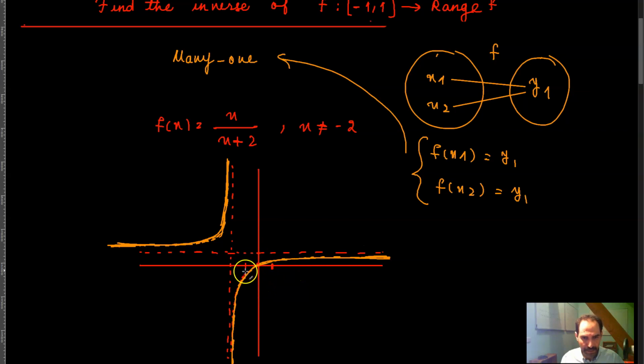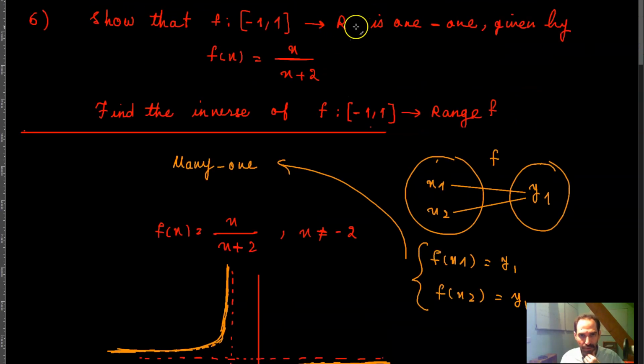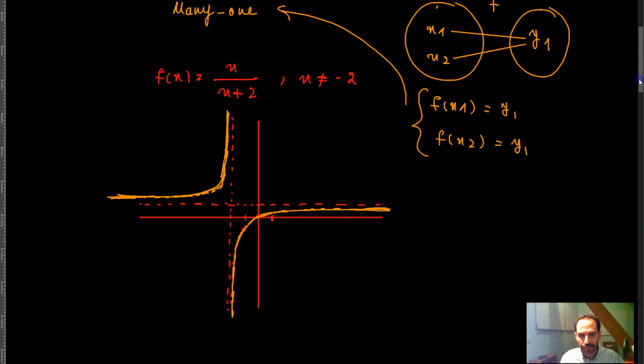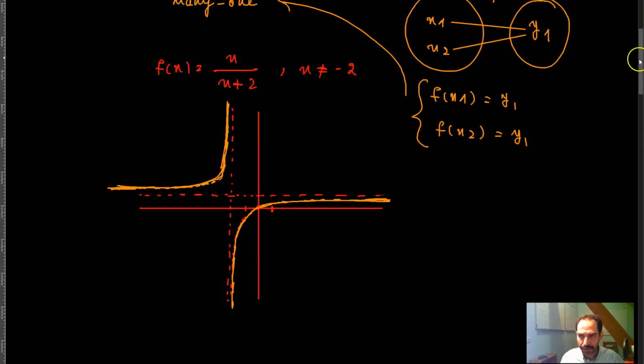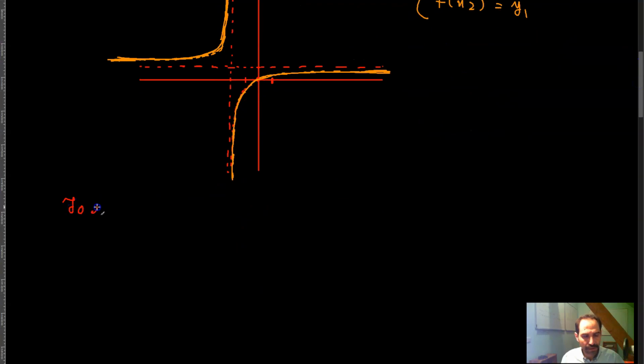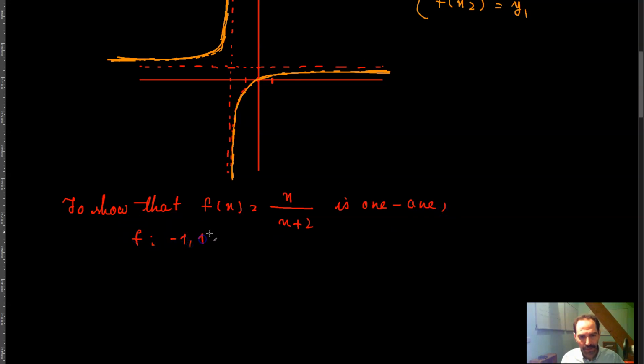And the range, or the codomain, is basically the set of real numbers. So basically to show that f of x is equal to x over x plus 2 is 1, 1. And of course you know that f is a function from -1 to 1, to R basically, right?